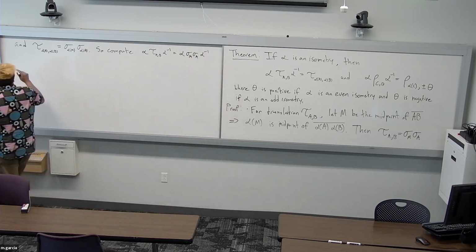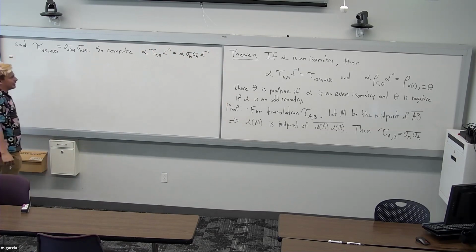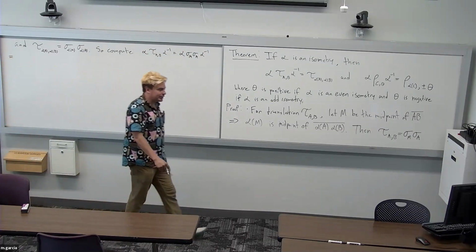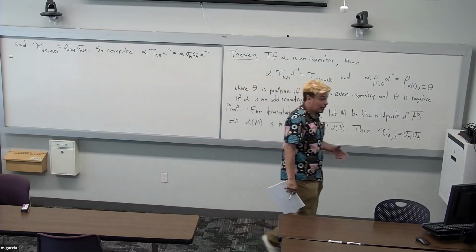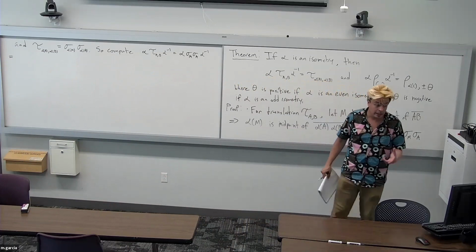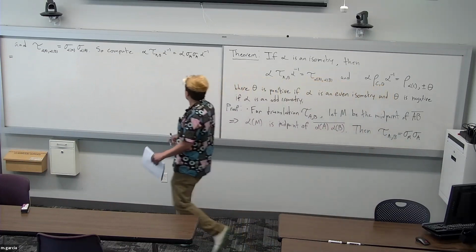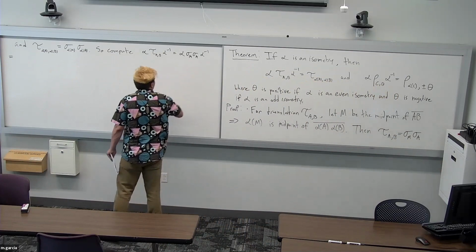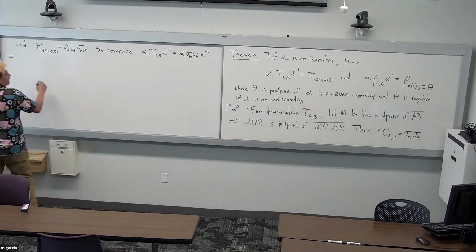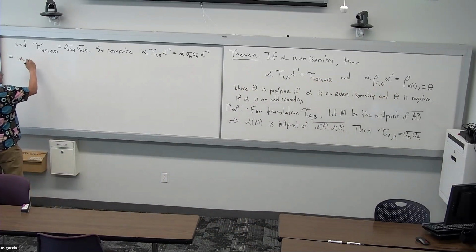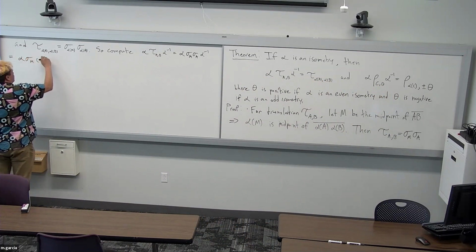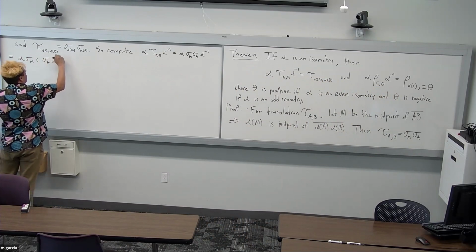Now, we'll use the same trick that we used a couple times yesterday and insert a copy of iota in between sigma M and sigma A. So alpha, sigma M, iota, sigma A, alpha inverse.